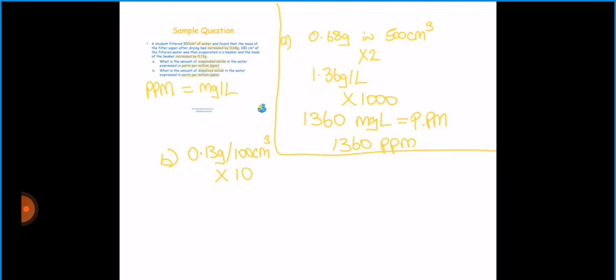So if I multiply by 10, that gives me 1.3 grams per litre. And then to go from grams to milligrams, I know I must multiply by 1000. So that's going to give me 1300 milligrams per litre, which is the same as parts per million. So my answer for part B is 1300 parts per million.